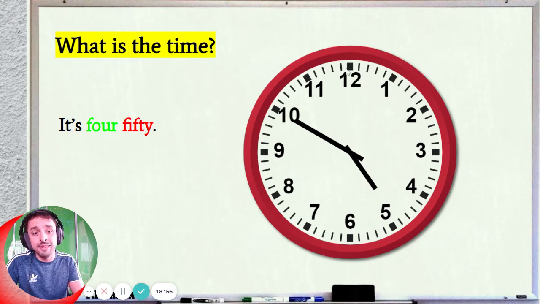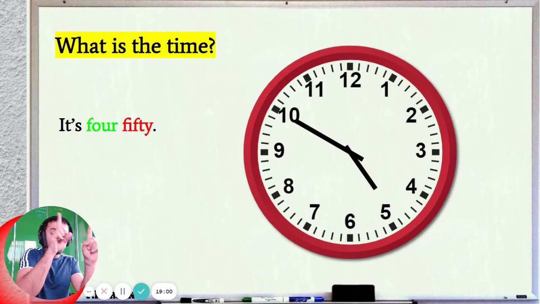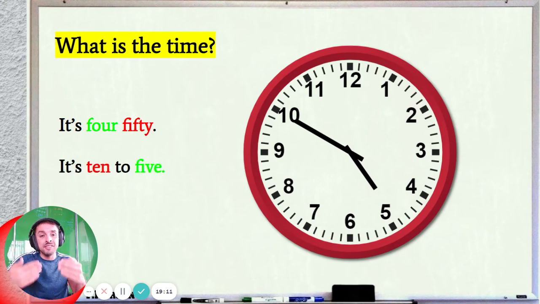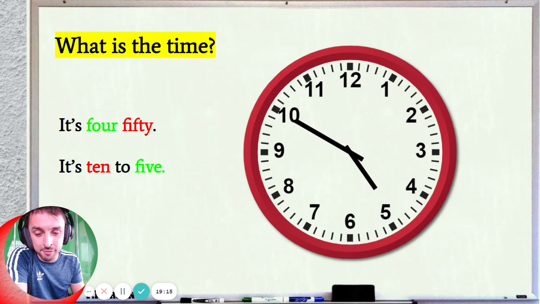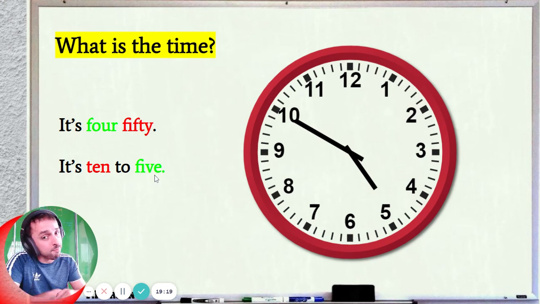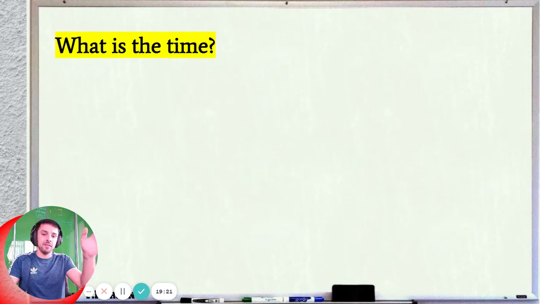Well, that's 5, 10, that's 10 minutes. So it is 10 to, what is the next hour? In 10 minutes, it is going to be 5 o'clock. So that is 10 to 5. Okay, so 4:50 and 10 to 5 are the same.